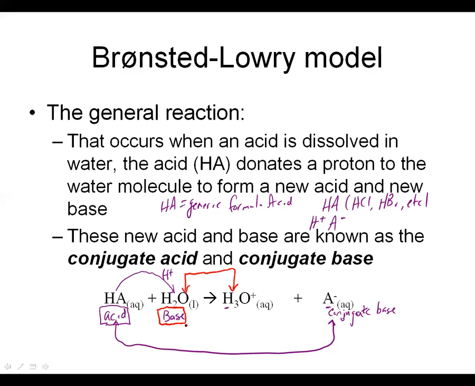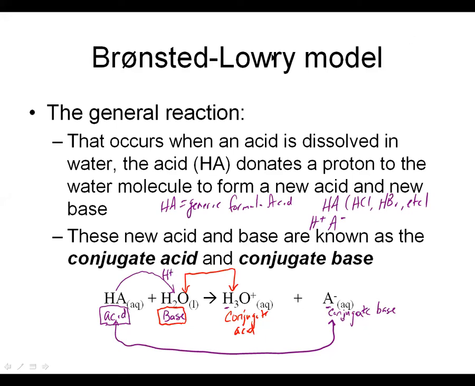If it's the base on the left-hand side, its partner on the other side is what is known as the conjugate acid. So we get these acid-base conjugate pairs.